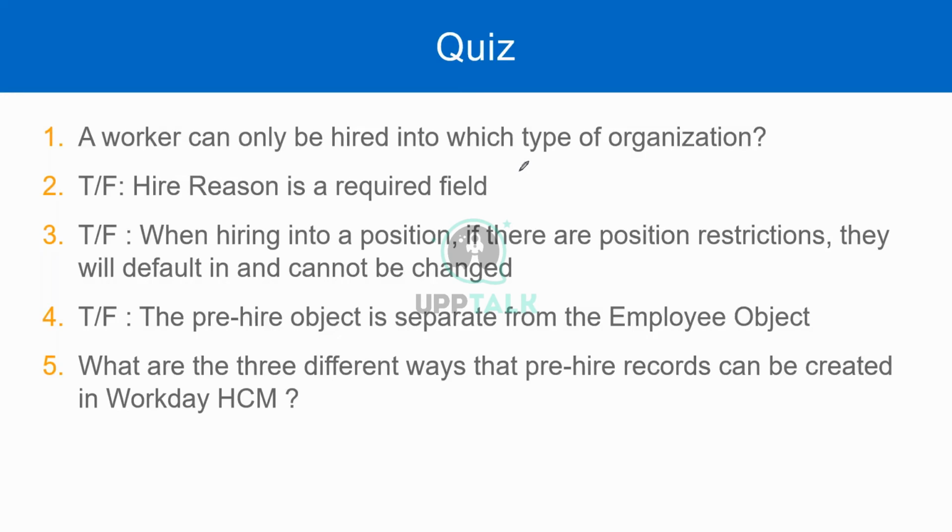Anyway, that alert comes up and says you have not filled in the hire reason, right? But it won't stop you. If you click on OK again, or if you click on Submit again, it still lets you proceed, right? So hire reason is not a required field. So this answer is false? Okay, but it is recommended that you fill in the hire reason.